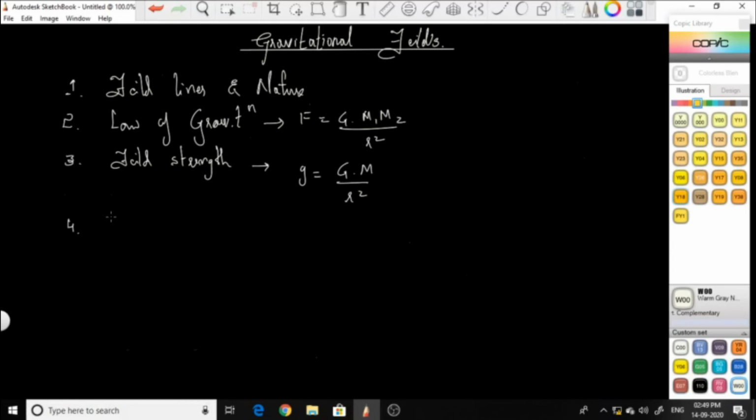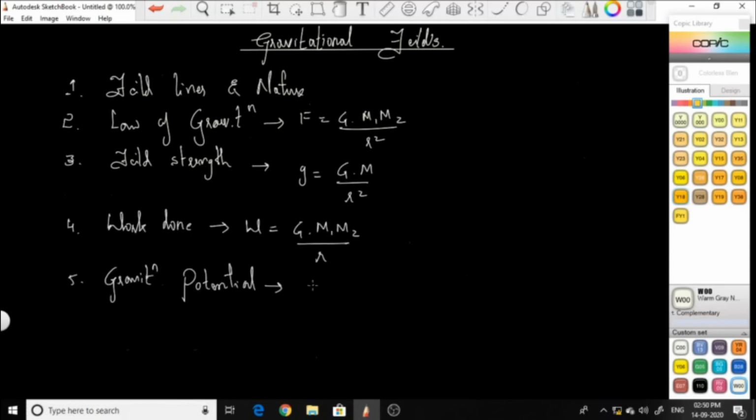The equation of work done is W is equal to G m1 m2 over r. After this, we discussed gravitational potential, and that phi is given as minus capital G M over r.